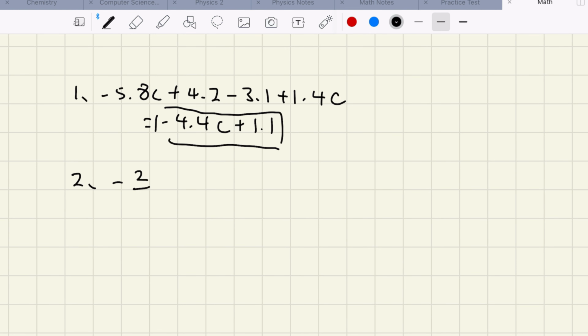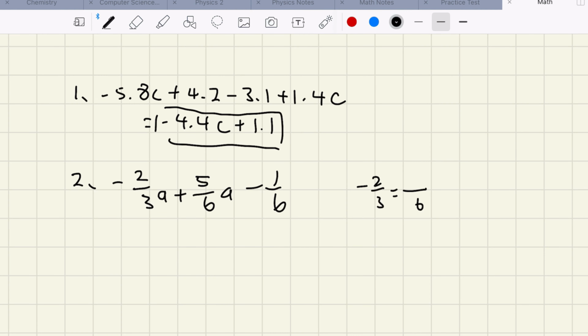Negative 2/3 a plus 5/6 a minus 1/6. So notice the fractions do not have the same denominators, so we need to make them the same. So let's turn negative 2/3 into something over 6.